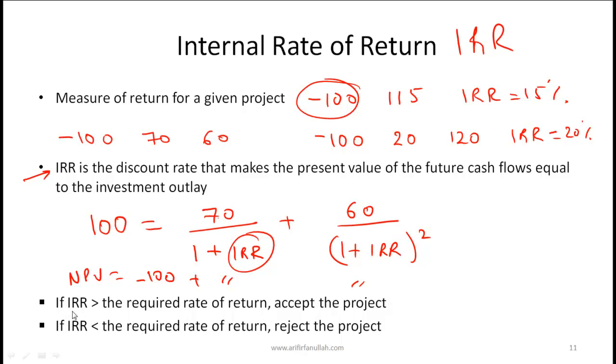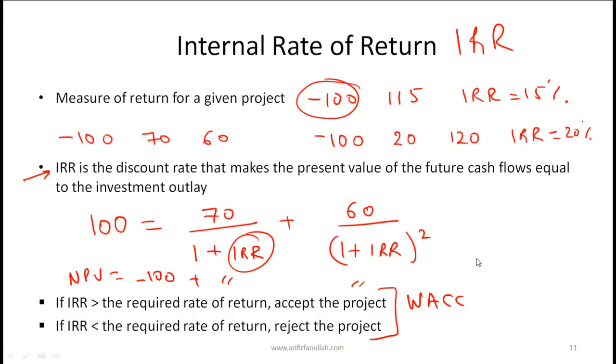In terms of the IRR rule, you do a project if the IRR is greater than the required rate of return, and you reject a project if the IRR is less than the required rate of return. Instead of required rate of return, you might also see WACC, or weighted average cost of capital. The intuition here is quite obvious.